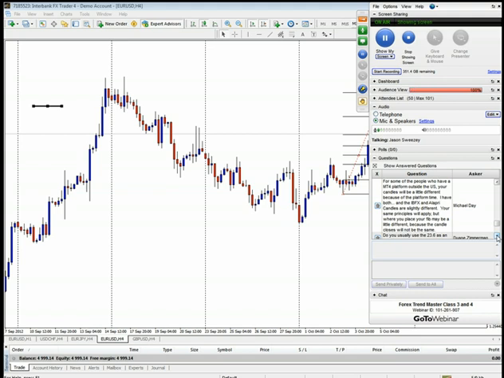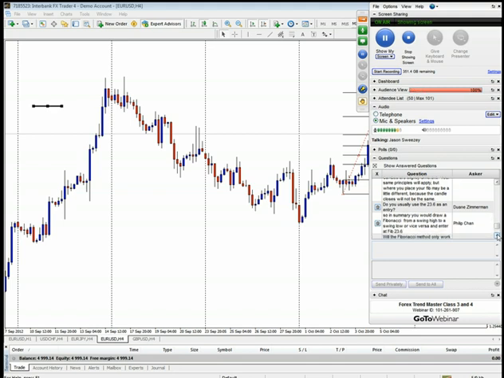I'm using this Interbank one today because I just thought maybe there were a lot of Americans in here, and they'd probably be using some American platform. That's why I chose that one. Yeah, you're right, it will be a little bit different, but you can still pretty much get the same kind of good entries.